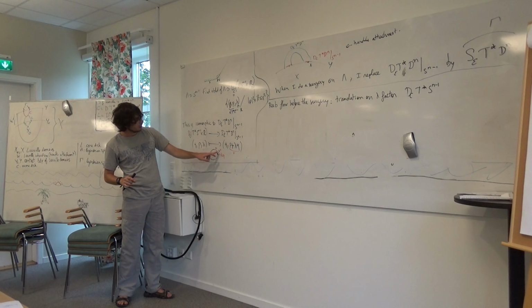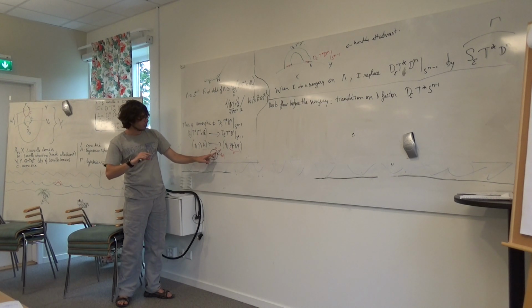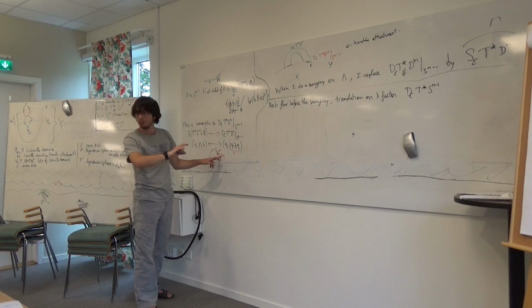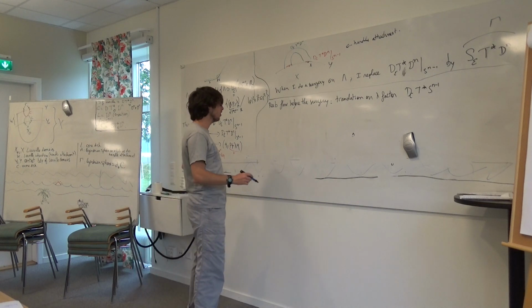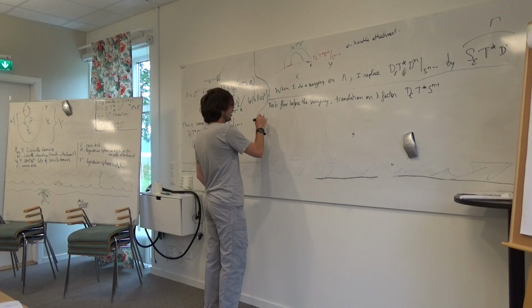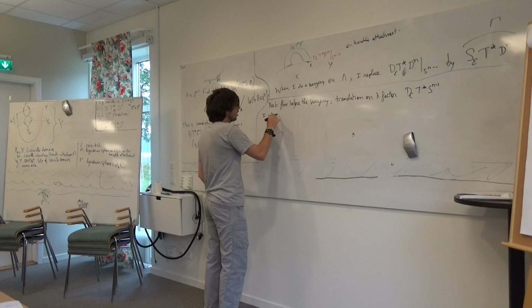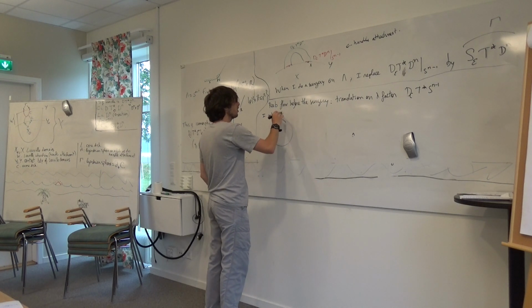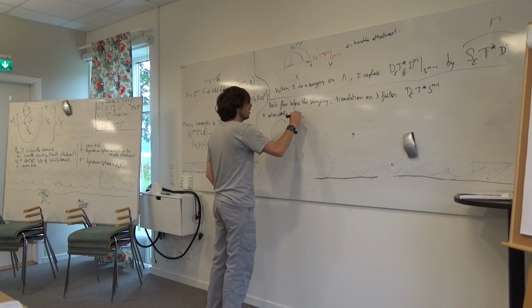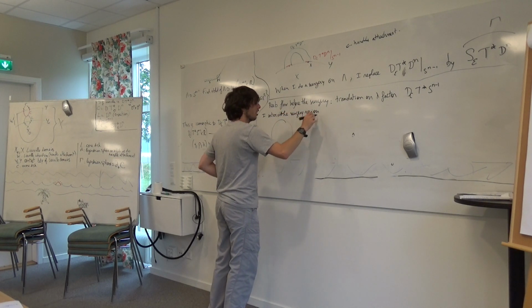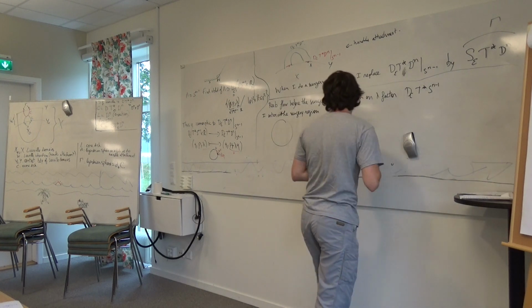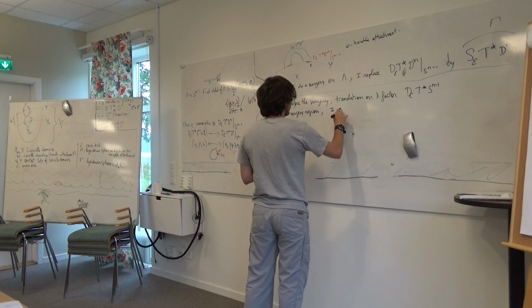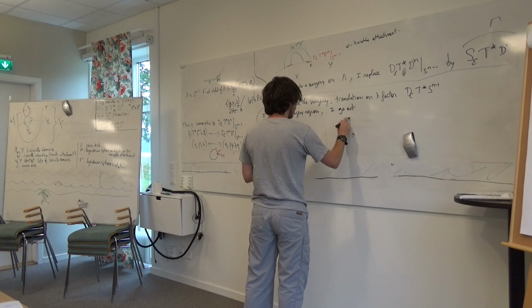So Q and P don't move, and lambda Q moves. If I enter the surgery region like this, I go out like this.